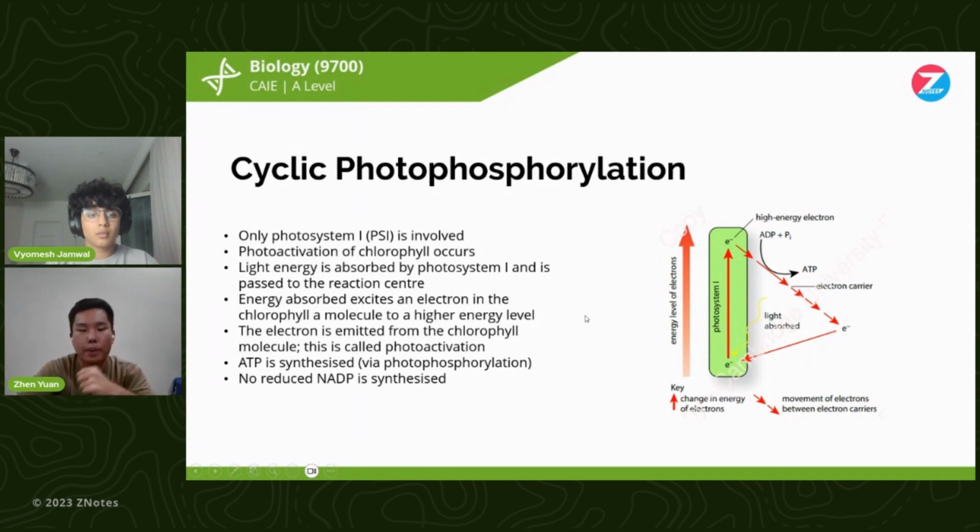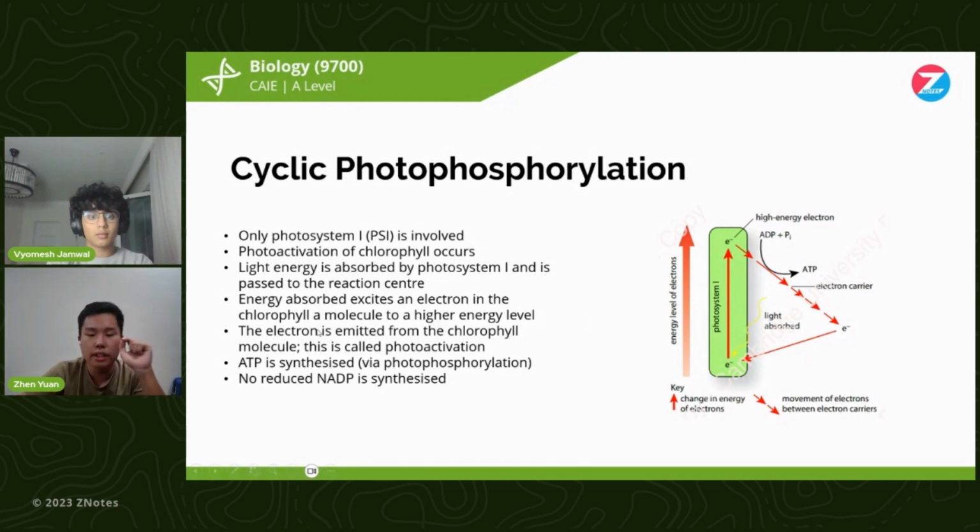You might actually learn this in chemistry, but what occurs is that when energy is absorbed by the electron in the chlorophyll A molecule, your electron has more energy, right? It has reached a higher energy level.